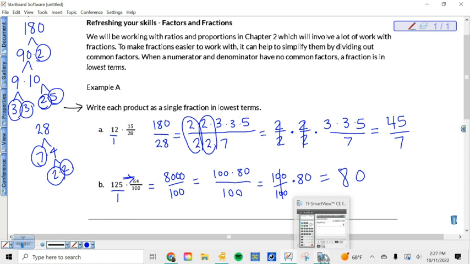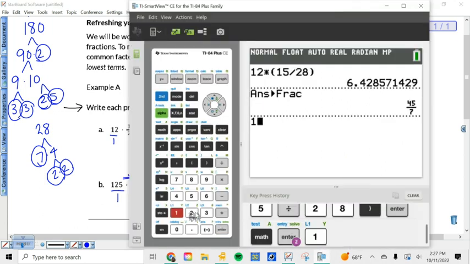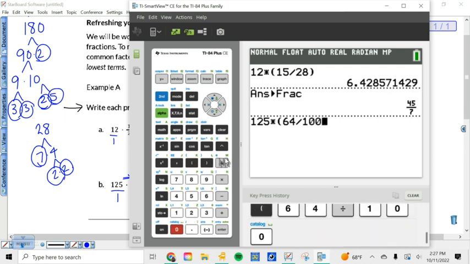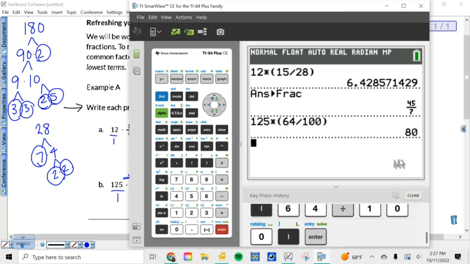In your calculator, let's just check our work. 125 times 64 out of 100 gives me 80. Cool? Make sense? Is that clear?